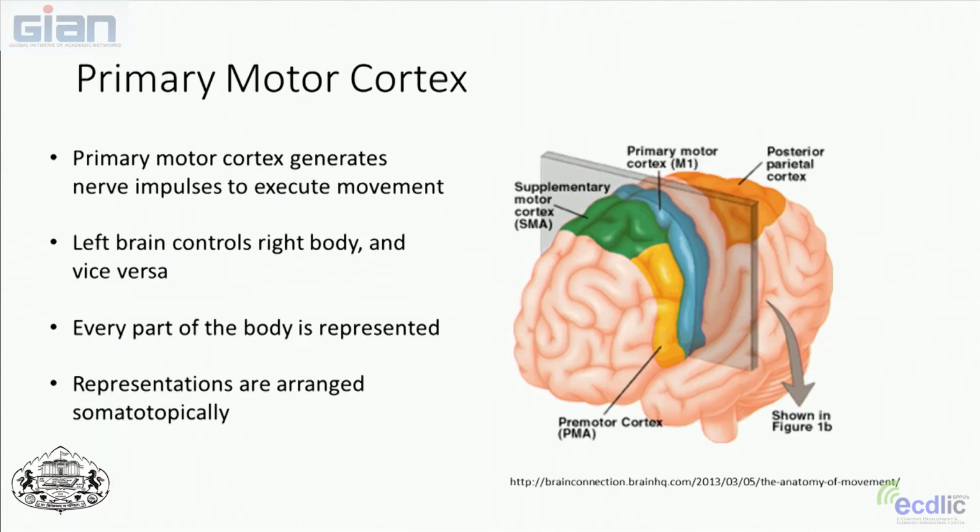While we're talking about the somatosensory cortex, we're going to talk a little bit about the motor cortex too, because these two regions work so closely together. The primary motor cortex generates nerve impulses to execute movement. And like I've said probably about 10 times today, the left brain controls the right body and vice versa. This goes on through all of your sensory systems and motor systems.